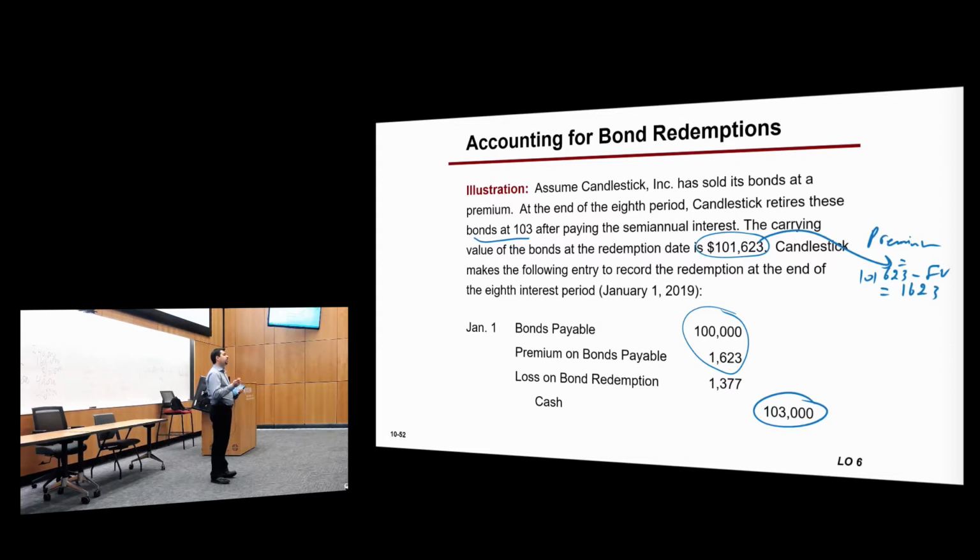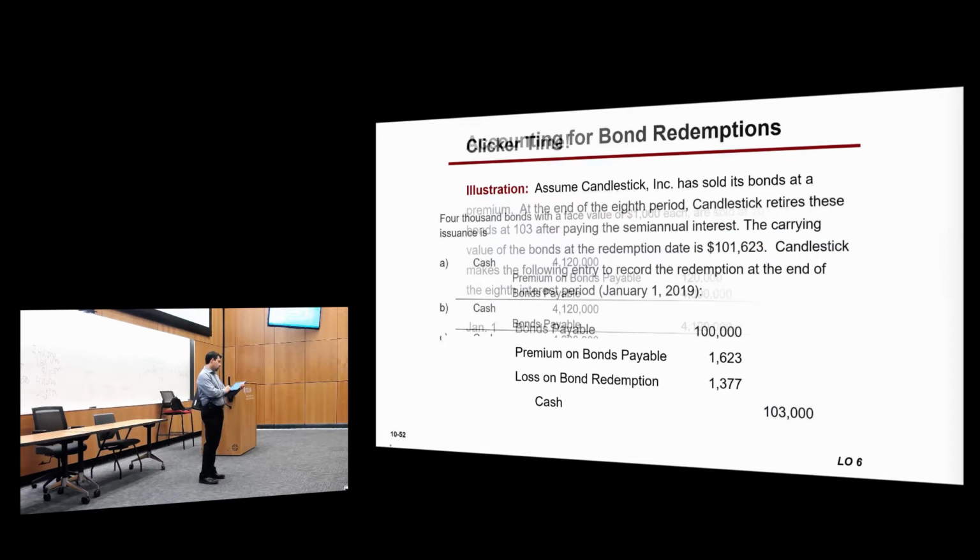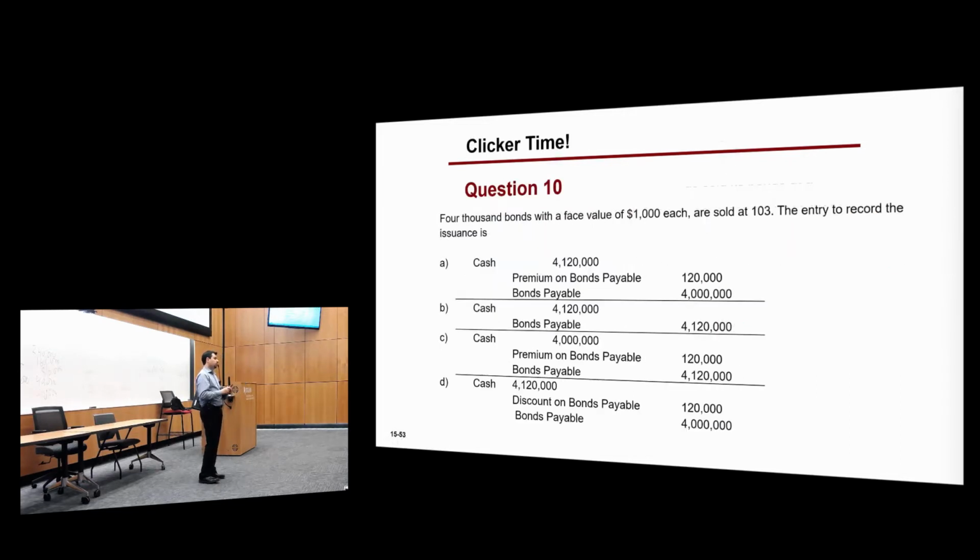If the company had received more, it would have been what? Again, think about it this way. The company paid less than its carrying value. It would be more. This is in a way similar to, if you remember, when we did disposal of plant assets. It was on the exam. Yes?